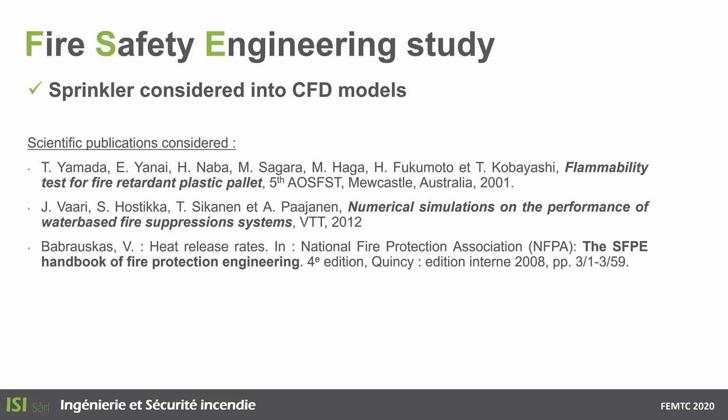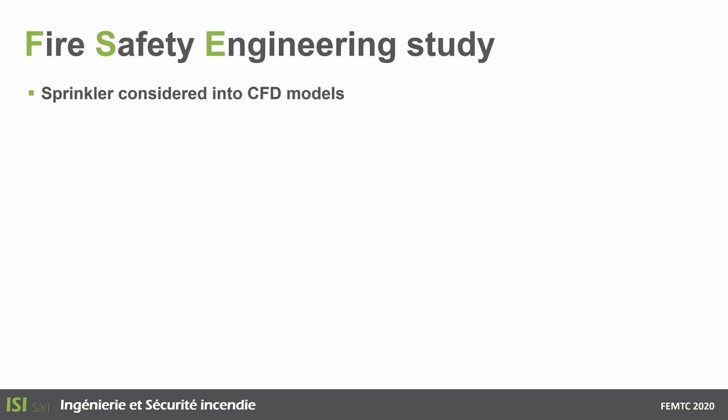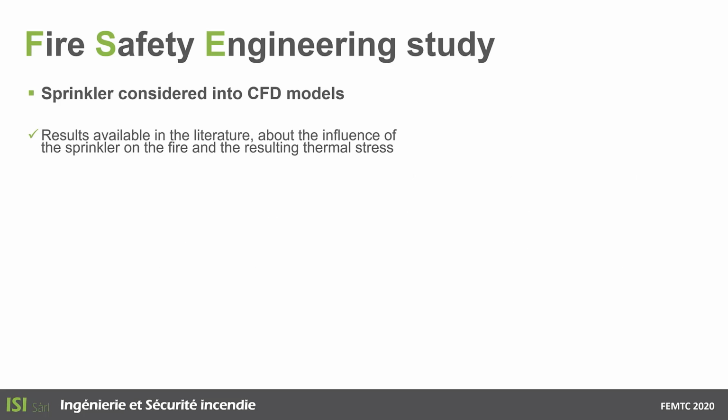For this work, we did rely on scientific publications. There is a list of 3 publications that we did use, and especially the second one. For this, we have considered adding the sprinkler in the CFD model we are using for this study, FDS. The results are available in the literature about the influence of the sprinkler and the fire resulting in thermal stress in the structure.